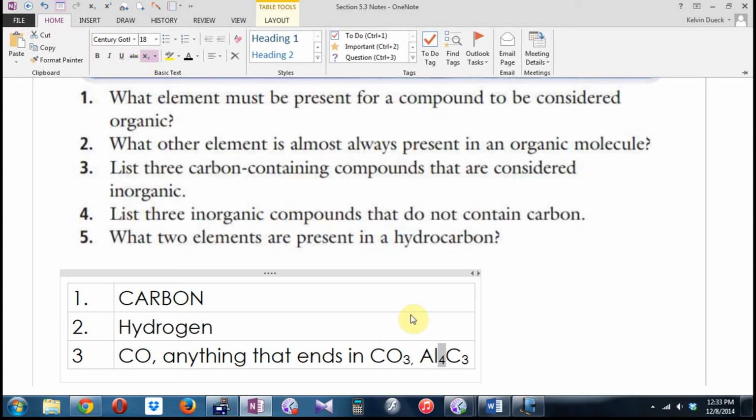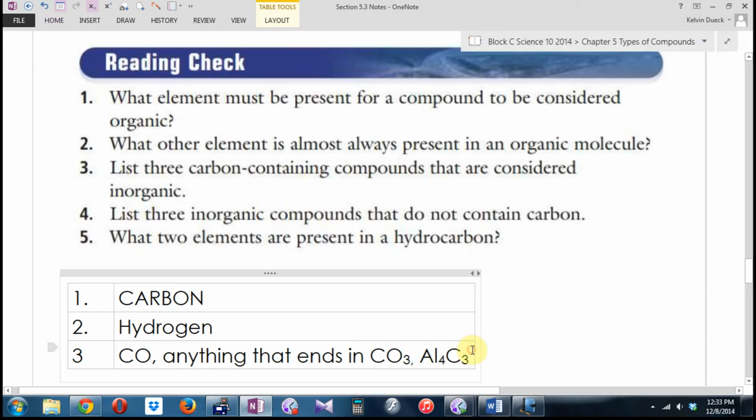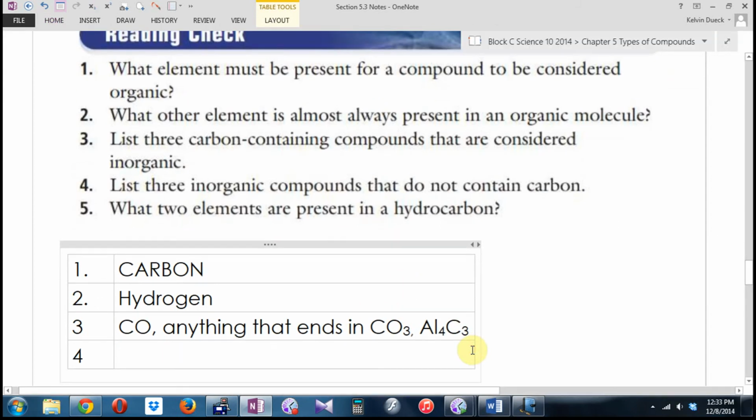I'll type because my handwriting is so atrocious. 4. Hey, list 3 inorganic compounds that don't contain carbon. Oh, easy. How about NaCl, salt? H2O. How about NaOH?